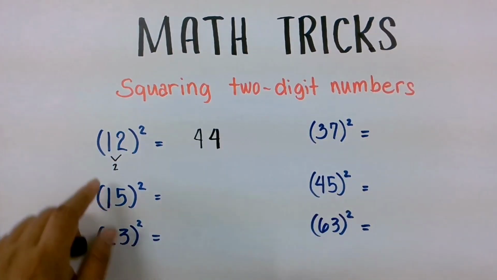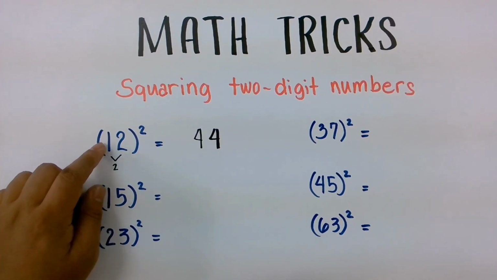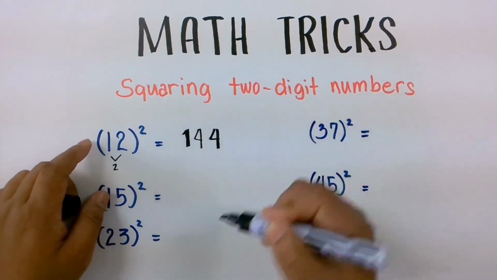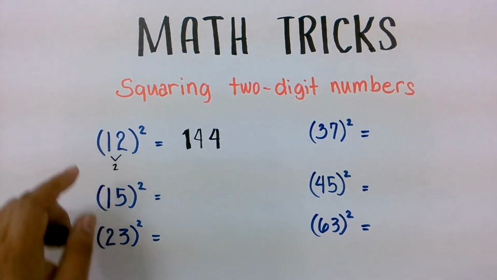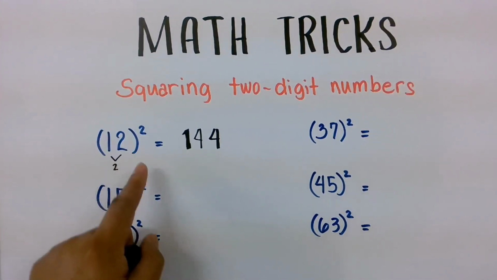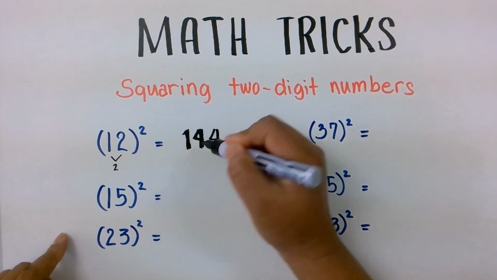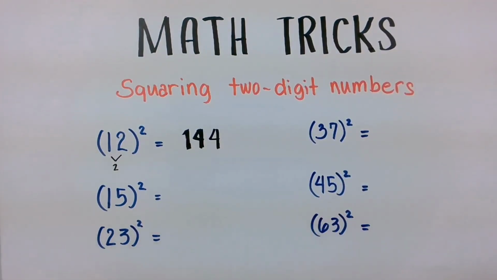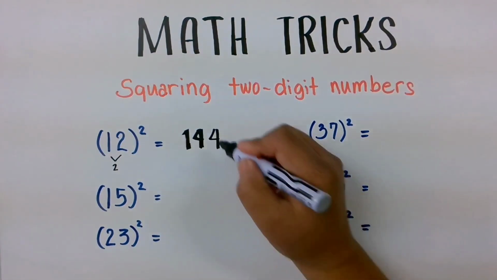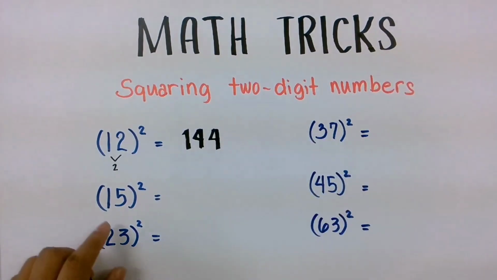And then, i-square din natin yung tens digit. Okay? So, 1 squared is 1. And there you have it. So, the 12 squared is 144. Okay? So, kung gusto nyo, pwede nyo i-check sa calculator para malaman niyo kung tama talaga yung sagot natin.